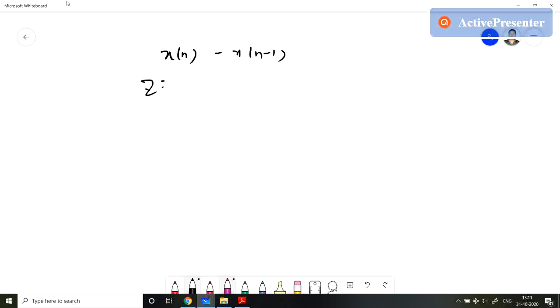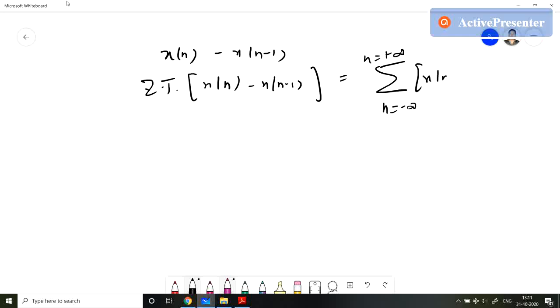The z transform of x(n minus 1) is equal to summation n equal to minus infinity to plus infinity x(n minus 1) z raised to the power minus n.